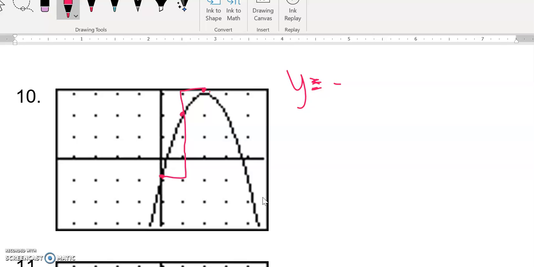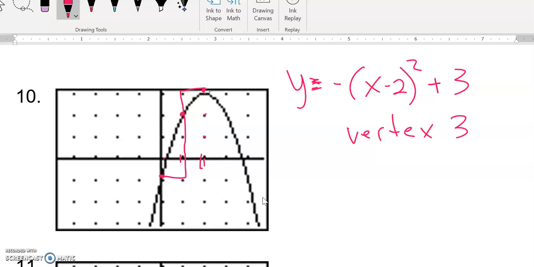It went 2 right, and 1, 2, 3 up. And my vertex is at 3, 2.